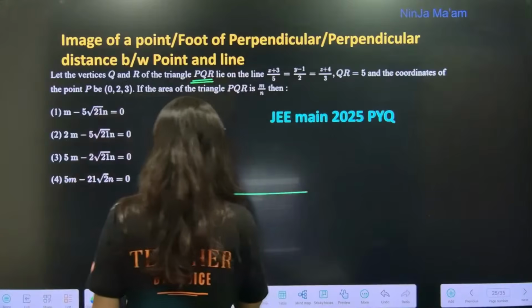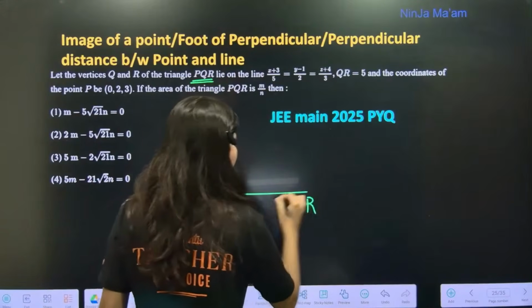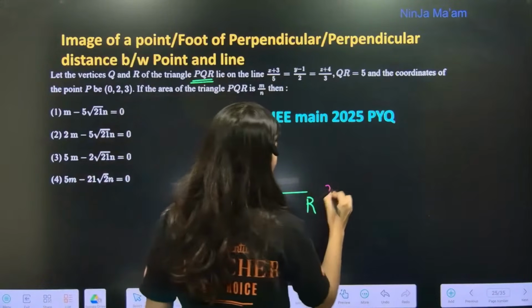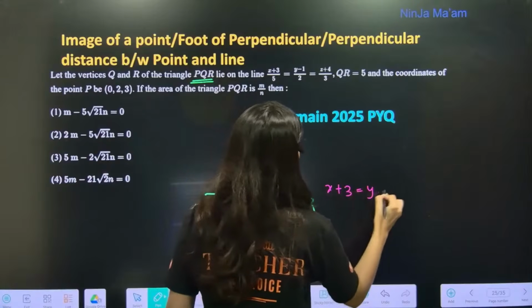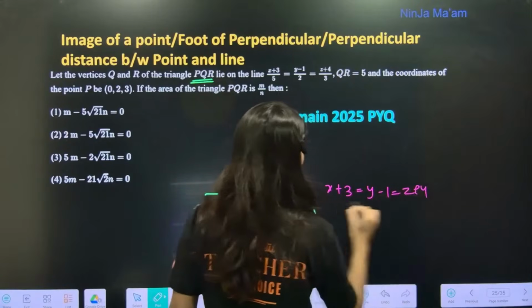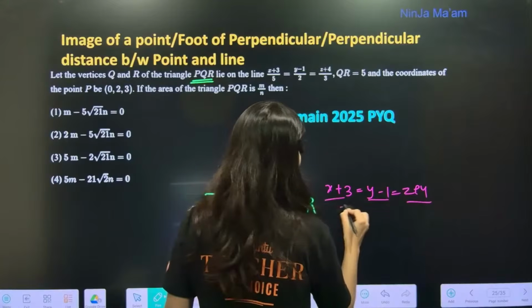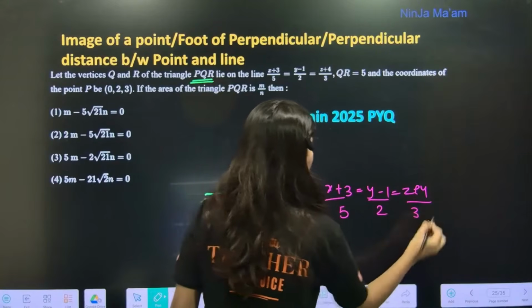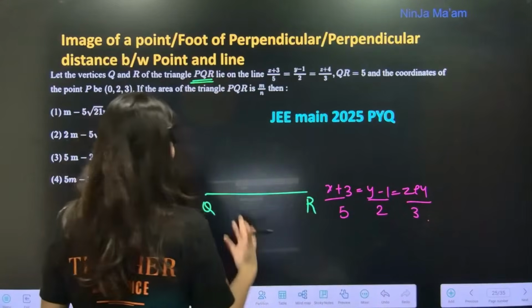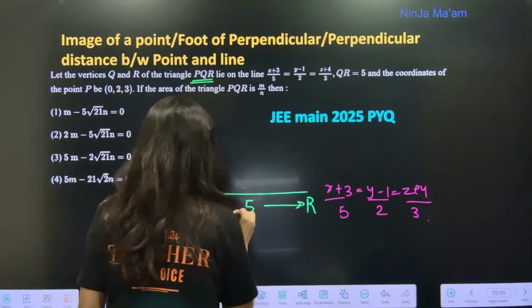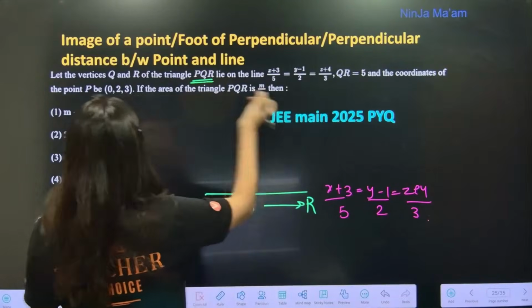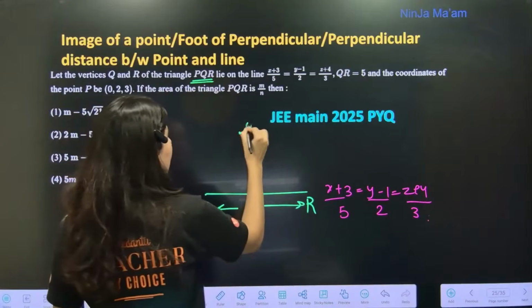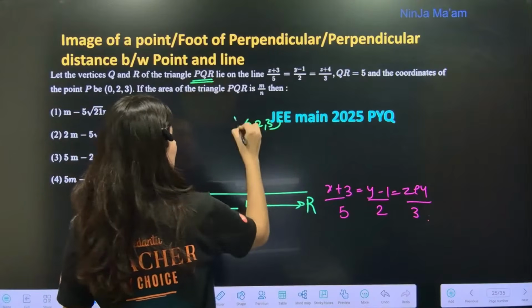So basically what they are saying is Q and R is lying on this line, which is x plus 3, y minus 1, z plus 4 whole upon 5, 2, 3. Okay. So QR is 5. And P is the point which is 0, 2, 3, everybody. This is your point P.